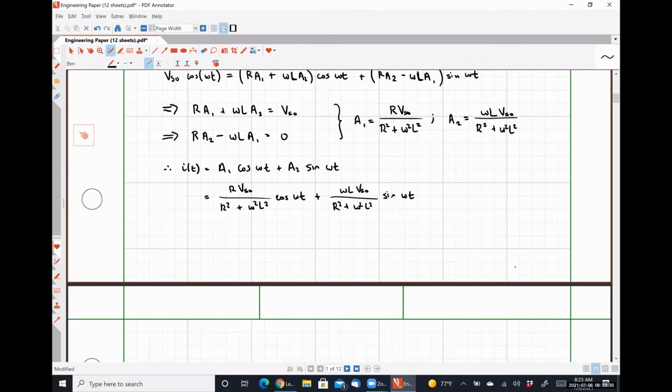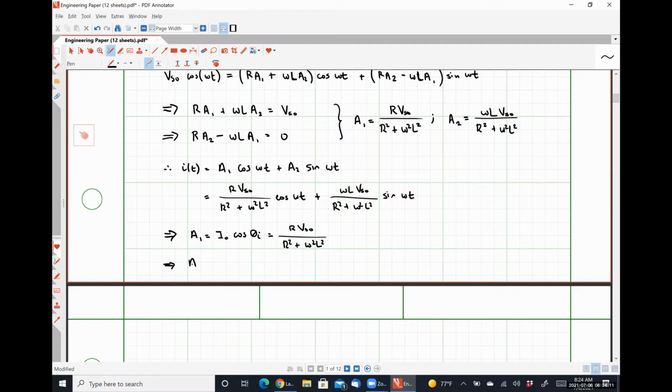So I can say that A1 we know to be I naught cosine theta I, and it is also equal to R times Vs naught over R squared plus omega squared L squared.